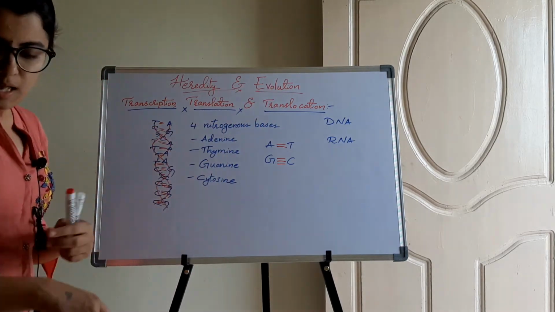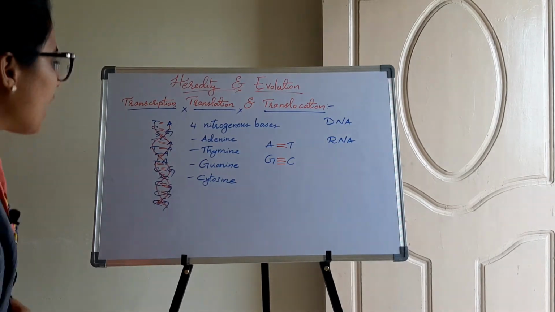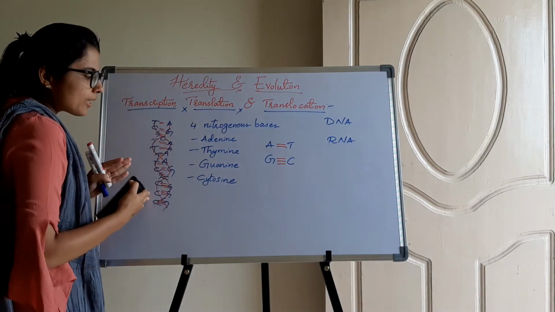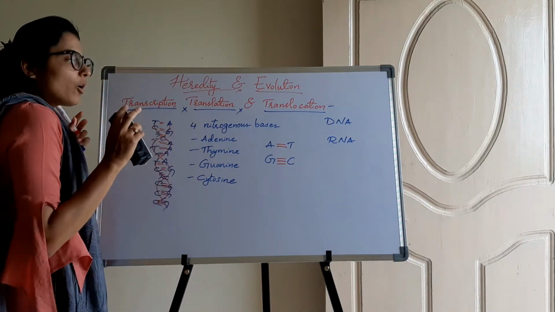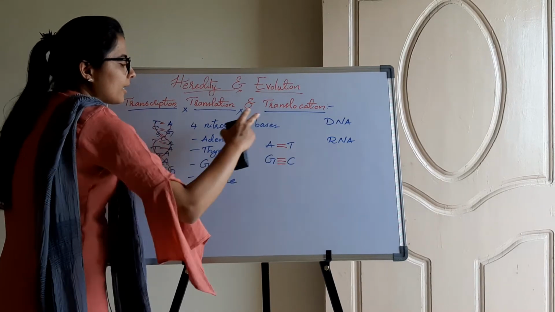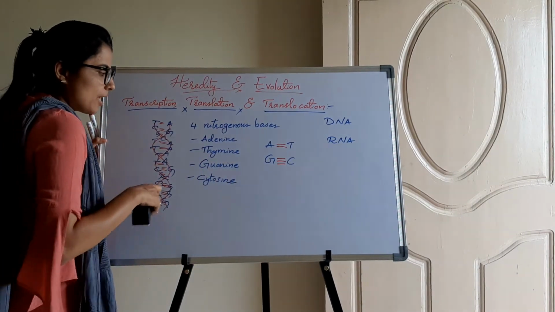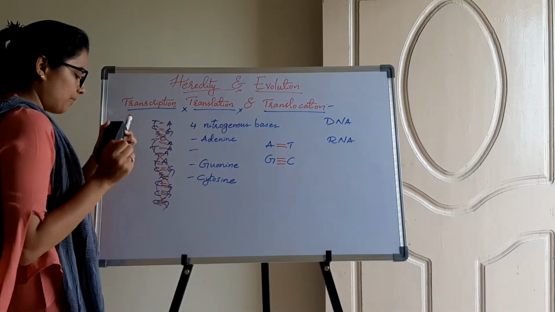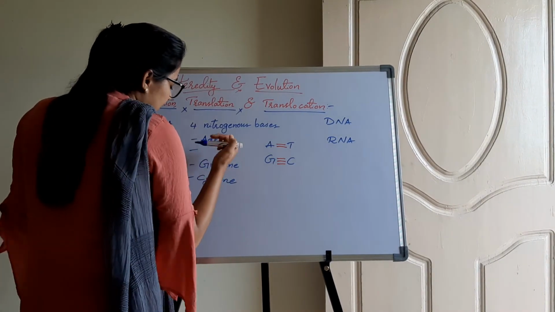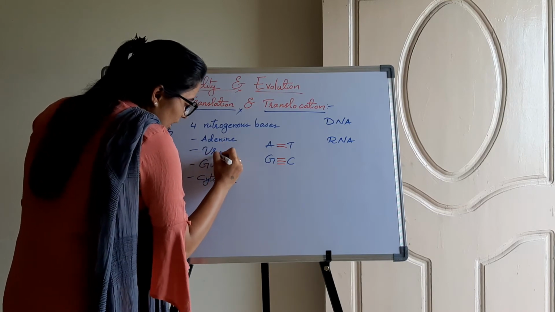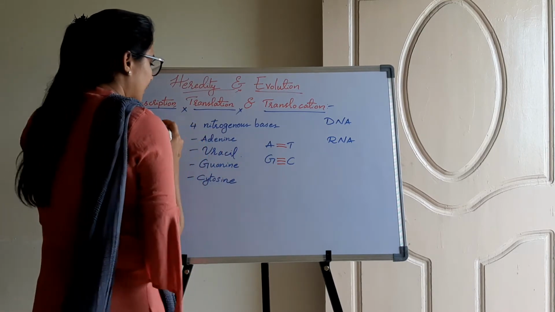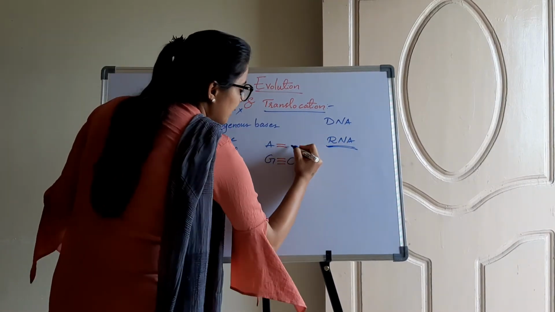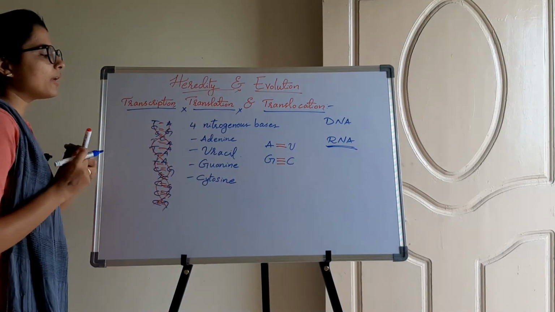Okay, now the RNA also has the same structure. RNA also has the same double helical structure. This RNA is also made up of 4 nitrogenous bases, but the thymine is replaced by uracil. There is another nitrogenous base termed as uracil. In the structure of RNA, the thymine is absent and it is replaced by a nitrogenous base termed as uracil.